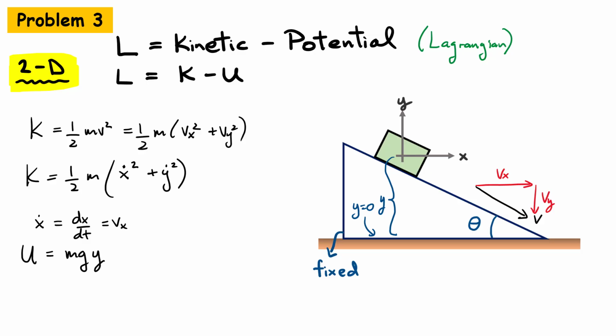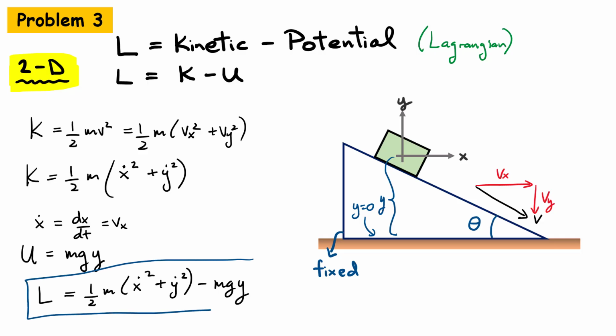All right, that's it. Now I just plug everything into my equation for the Lagrangian. So this is what it looks like. 1/2 m (x dot squared plus y dot squared). And again, I have to take minus our gravitational potential energy, which is mg multiplied by the height. Okay, that's it. That is the Lagrangian for this system.